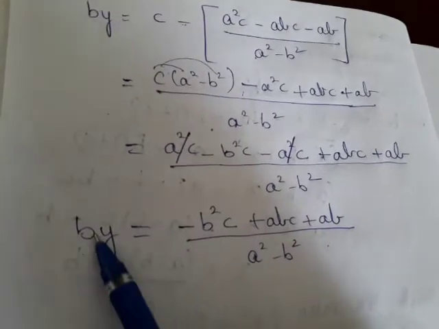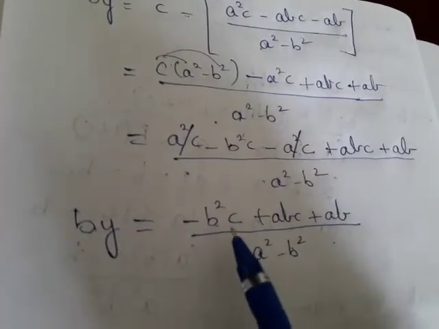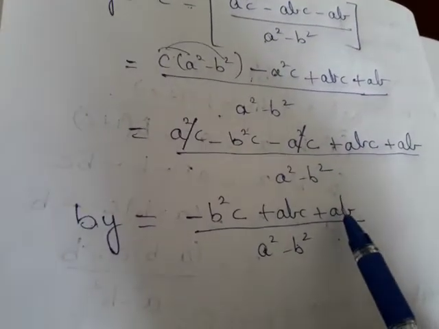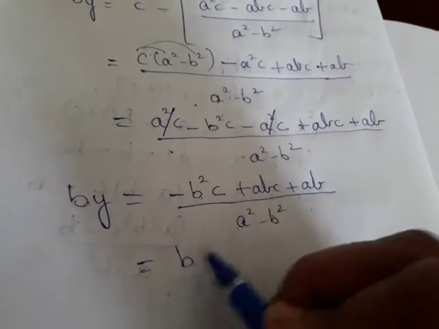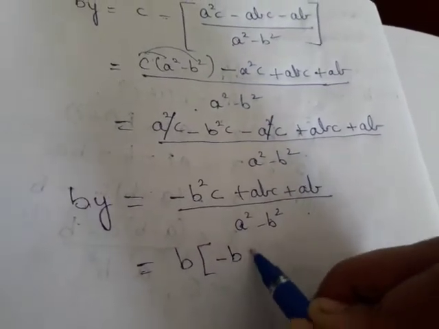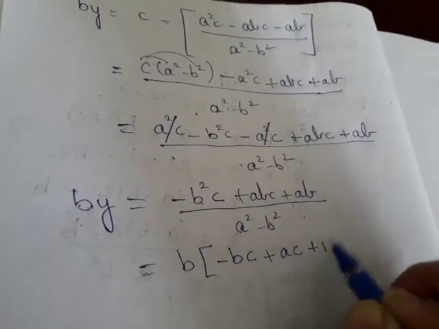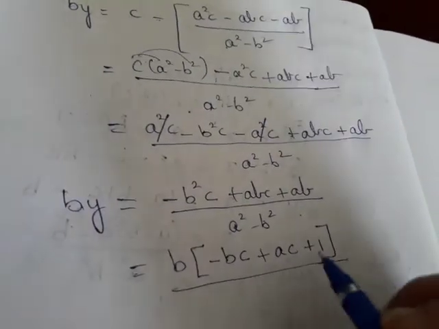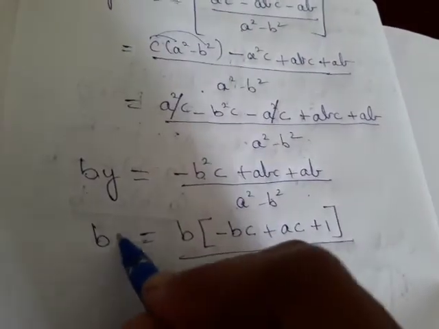And if you see this side we have b, and if we bring this b to the denominator, what will happen? In the numerator we have b in each and every term. So we can take one b as common. If we take b as common, this will become minus bc plus ac plus 1 divided by a square minus b square, and this is by.